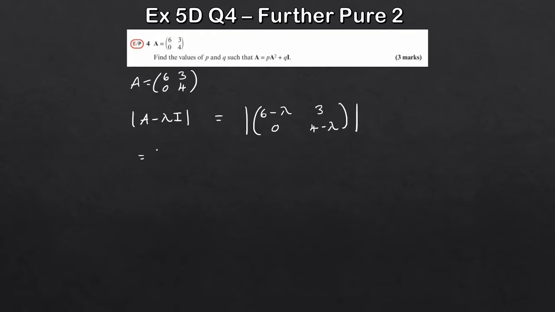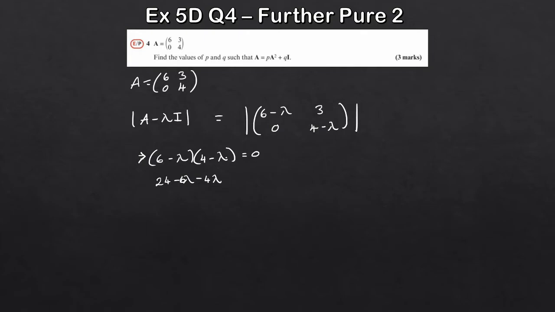Okay. Working out the determinant of this now. So 6 minus lambda times 4 minus lambda minus 3 times 0, so that'll just be minus 0. So that's just going to be equal to 0. Okay, we need to expand these double brackets now, so that'll be 24. 6 times minus lambda, that'll be minus 6 lambda there. Minus lambda times 4, so that'll be minus 4 lambda.